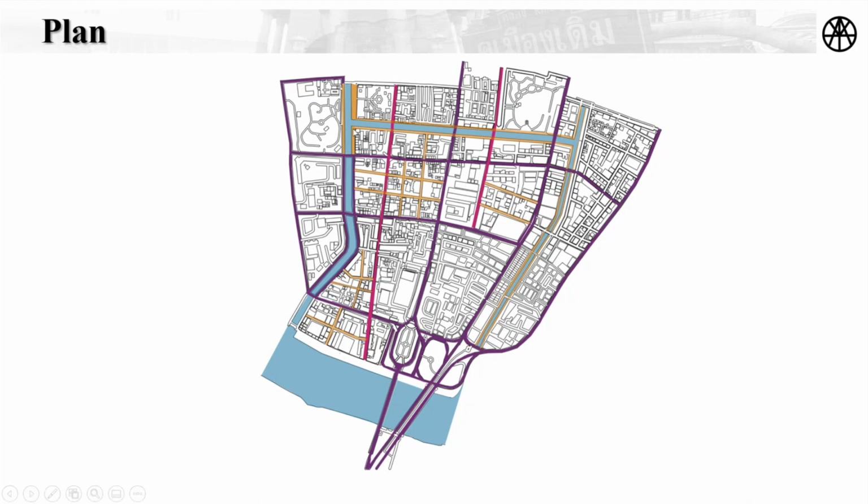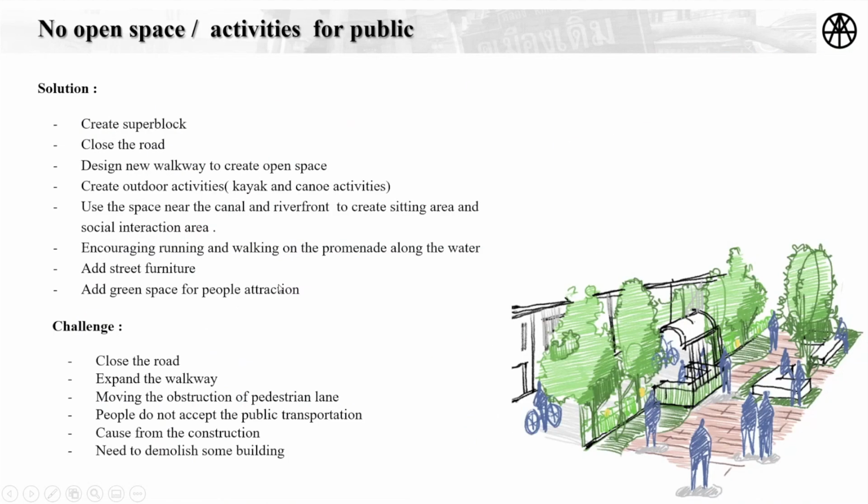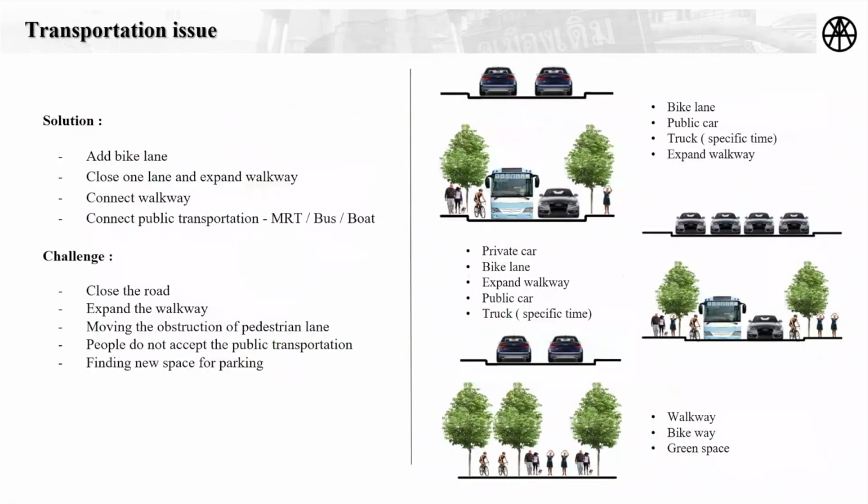The orange color is where we cut out the roadways to become walkways, and for the pink one, this one we try to change to 3 types. The first one is for public transport, cars, walkways and bike lanes, and the next one we try to expand the size of the walkways.